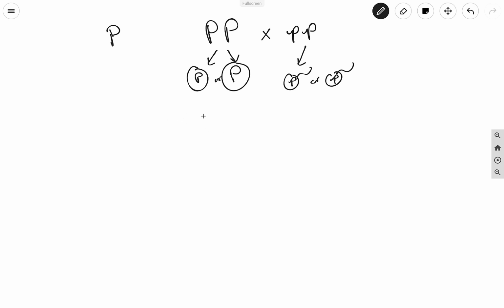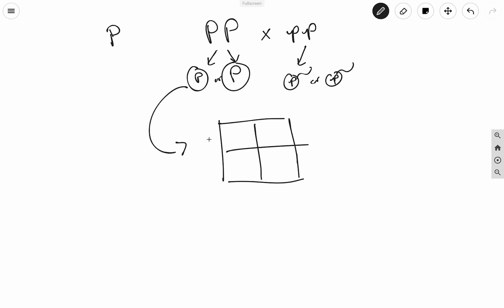So what we do is we line up a Punnett square. A Punnett square takes the gametes, not the parent genotype, the gametes, and arranges them in all possible combinations. I have 2 gametes from mom and 2 gametes from dad, so I need a 2 by 2 Punnett square. I will take mom's gametes and put them over here, and dad's gametes and put them over here.